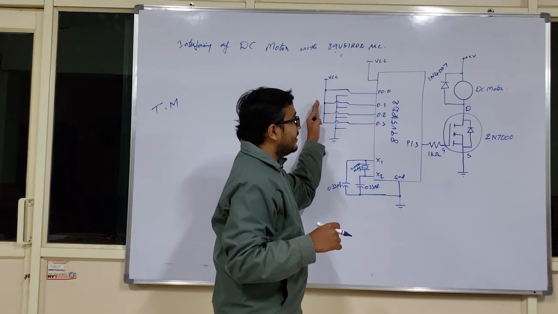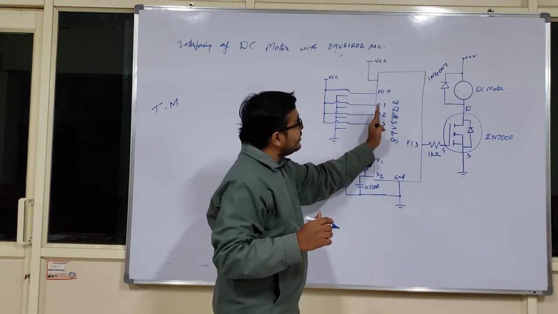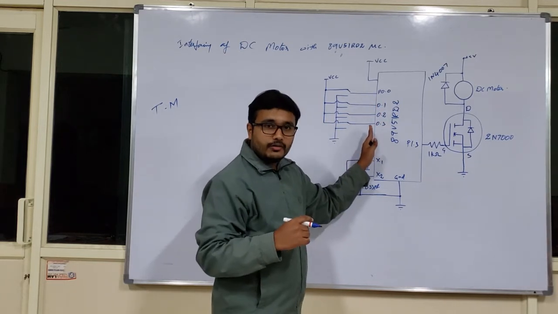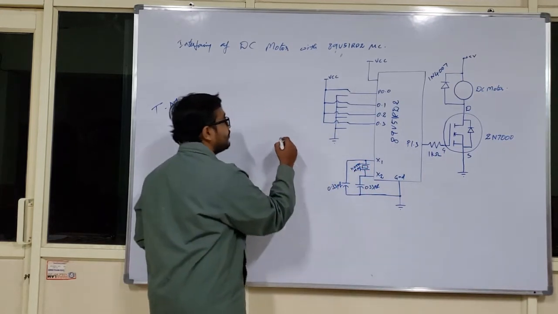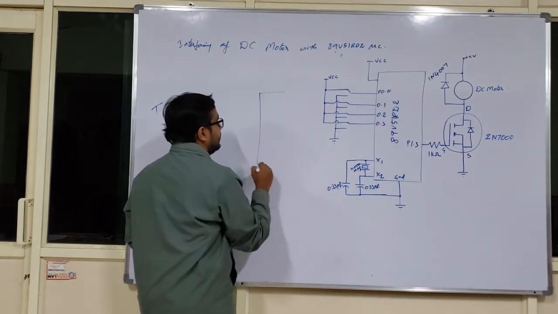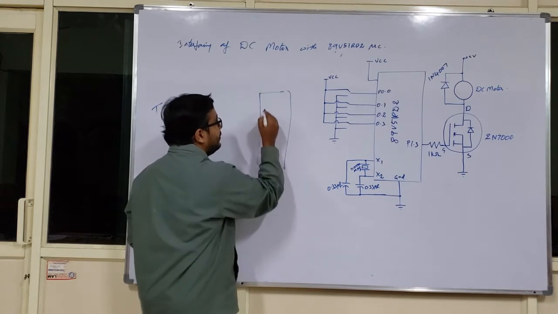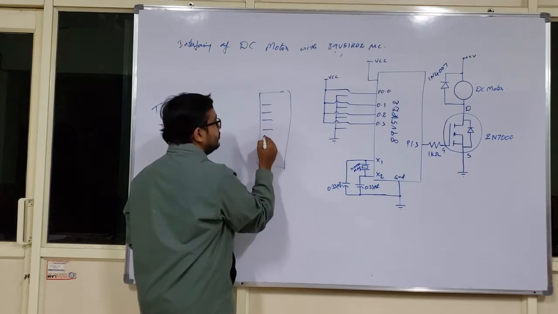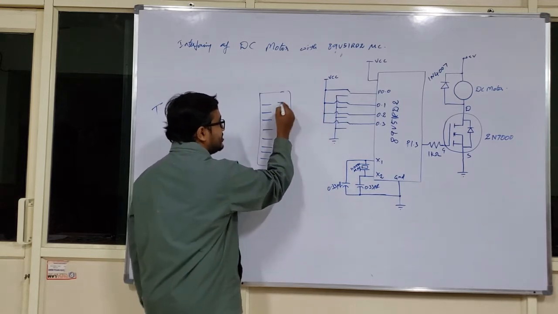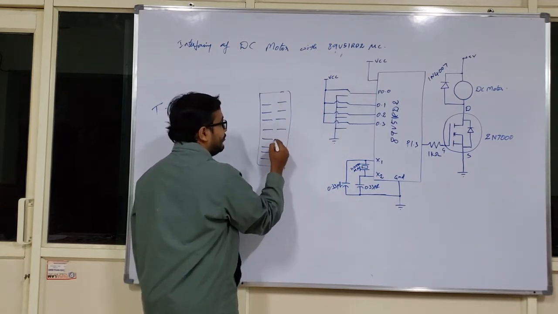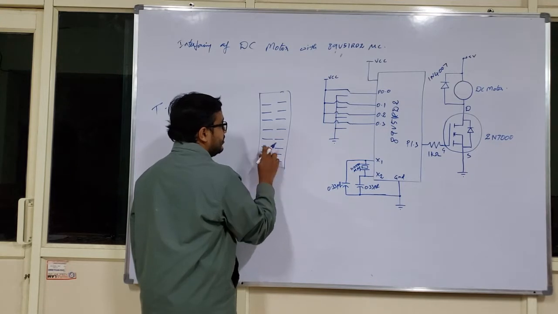In the sense, can I say that port 0 is acting as an input port? You can see here the DIP switch diagram will be like this, with switches 6, 7, 8. Otherwise that diagram representation is also right, and this is also correct. You can follow either of the representations.